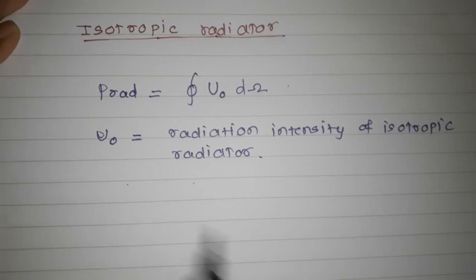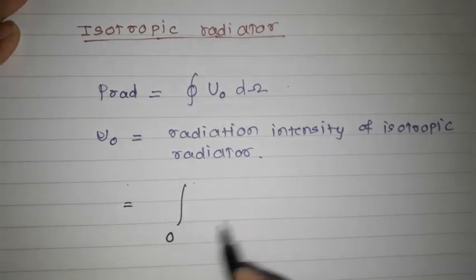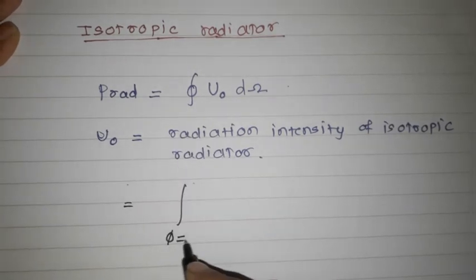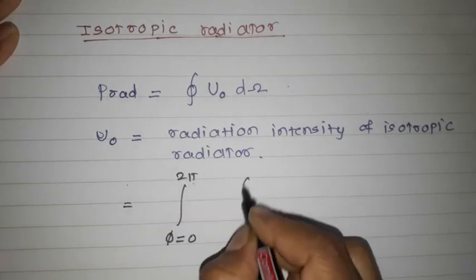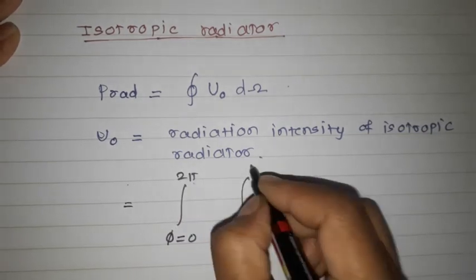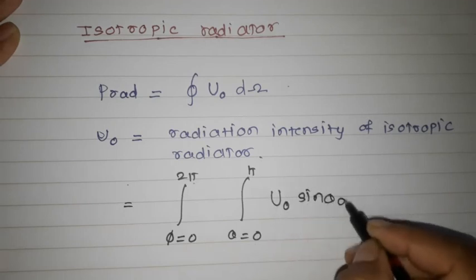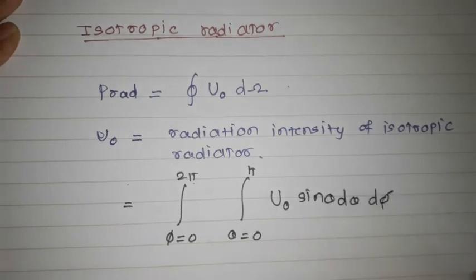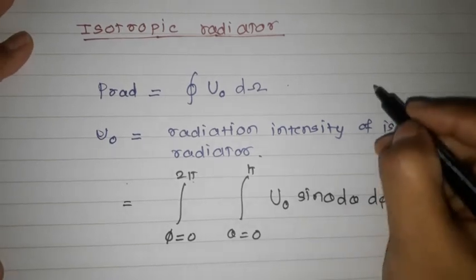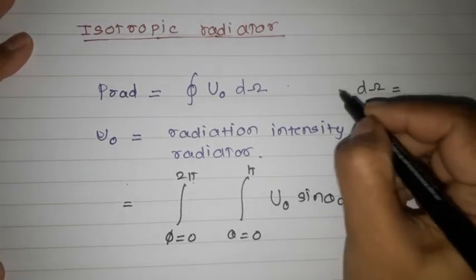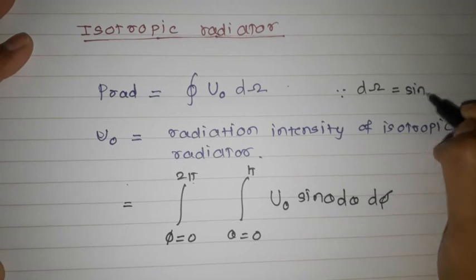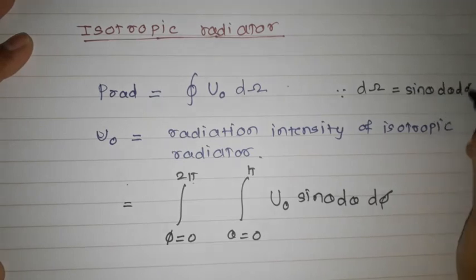I'll put all these things in. The integration has phi from 0 to 2 pi and theta from 0 to pi, of U0 sine theta d theta d phi, since the incremental solid angle d omega is sine theta d theta d phi.